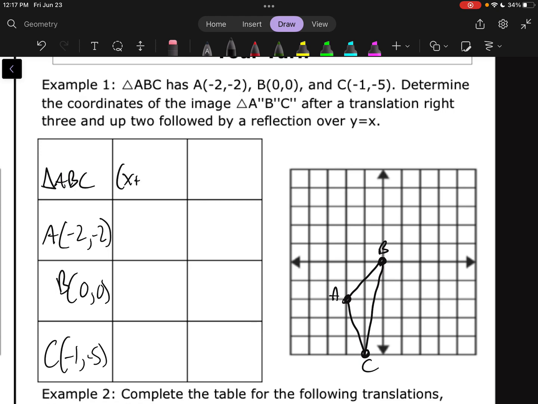So that's going to be an x plus 3, a y plus 2. So A prime going to be at 1, 0. B prime going to be at 3, 2. And C prime going to be at 2, negative 3.